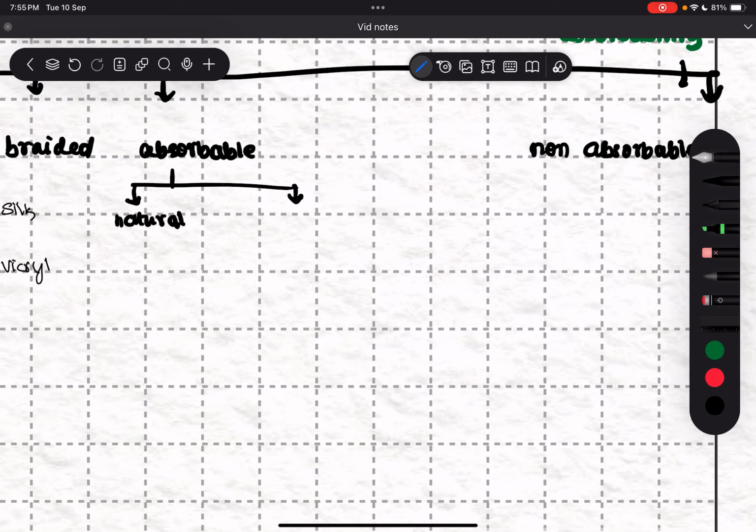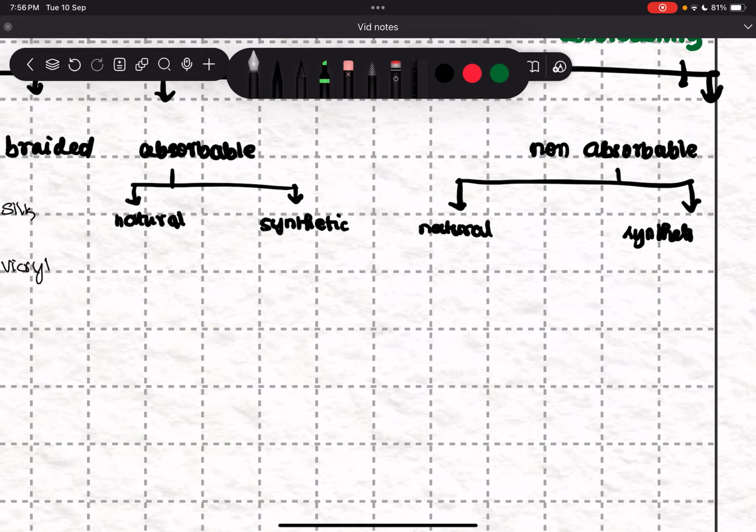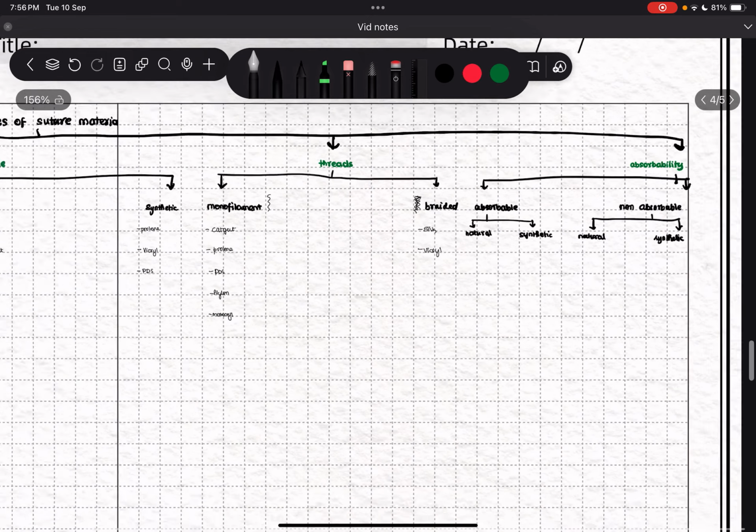This one is synthetic. Again, natural and synthetic. Natural and synthetic types.